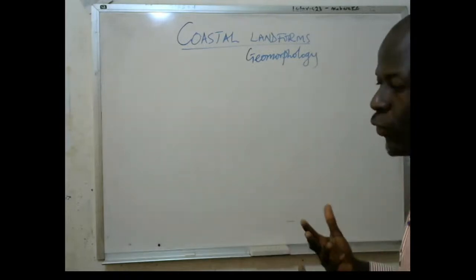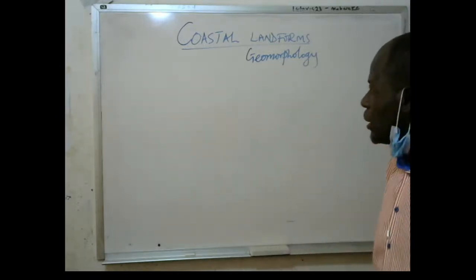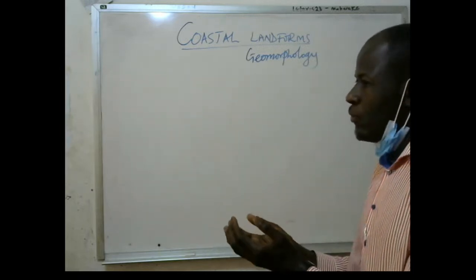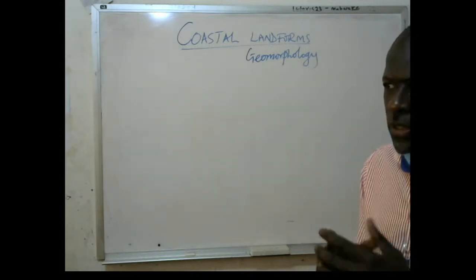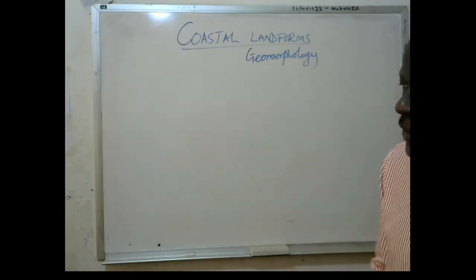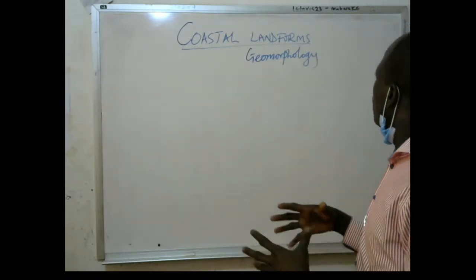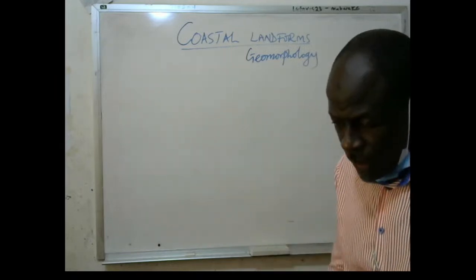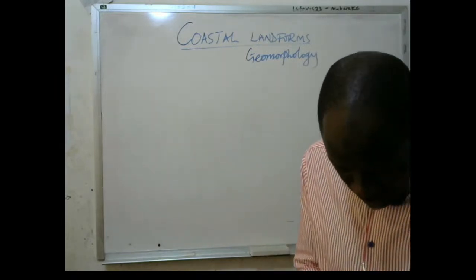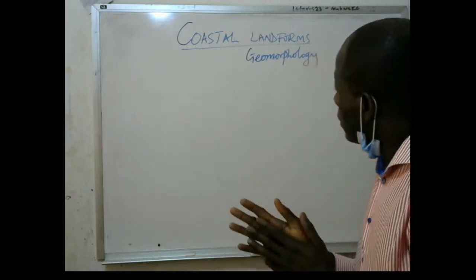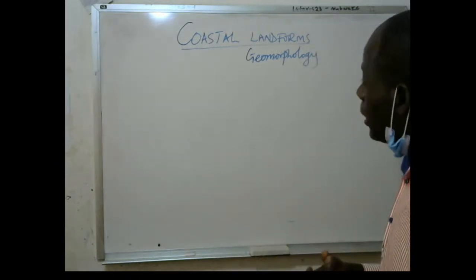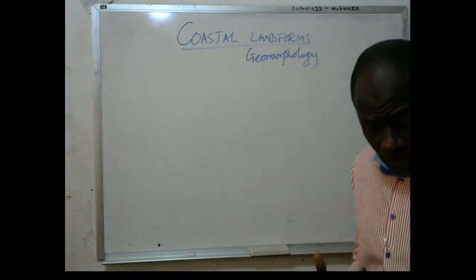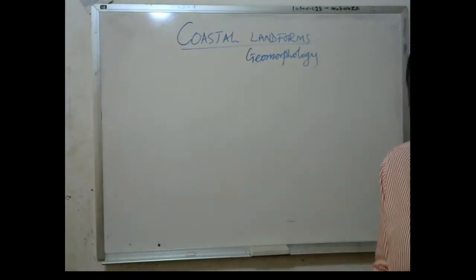And morphology means the shape, structure. So the shape, the structure of the coast is what we want to look at, because coastal areas have different shapes or different structures that we regard as landforms or features. Now, these landforms or features develop as a result of a number of processes. And when we look at these processes, then we are looking at what we are terming as coastal morphology.